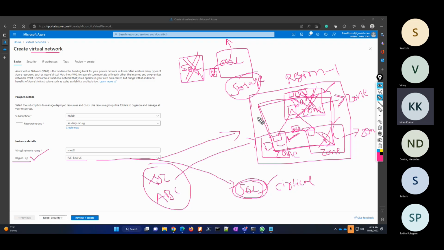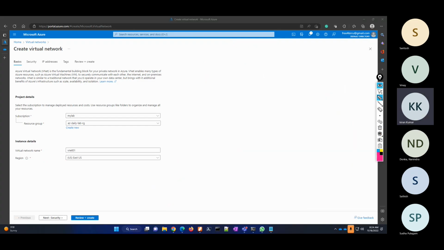Coming to one more concept we need to understand. Right now we understand the region, and under that region, the 3 zones or 1 zone concept. Coming to the same region: suppose, for example, West US, I'm taking one region.